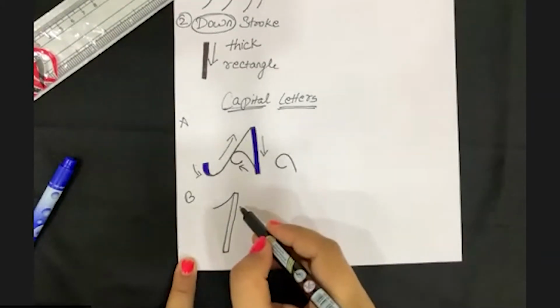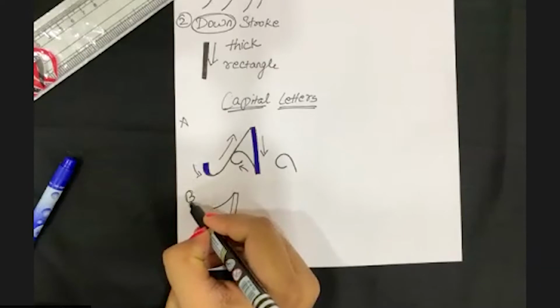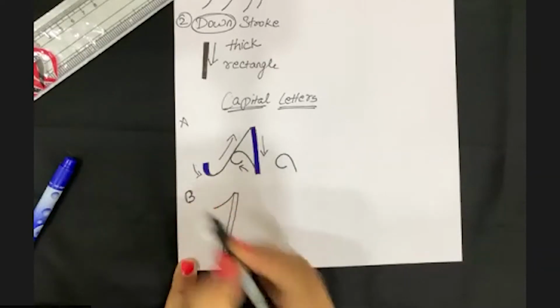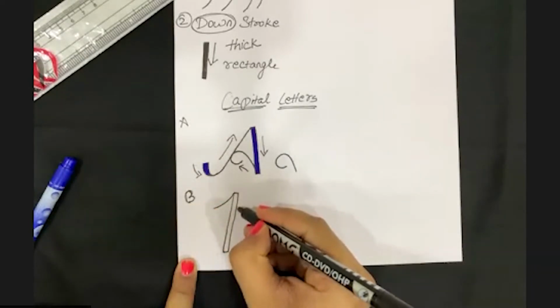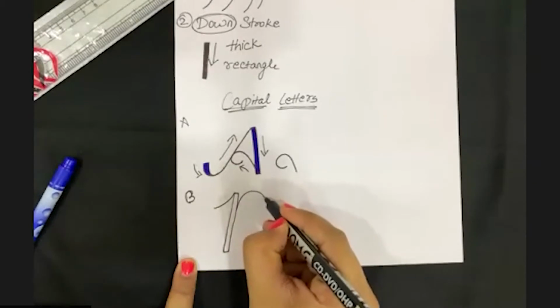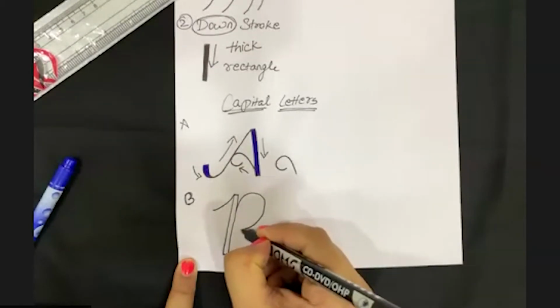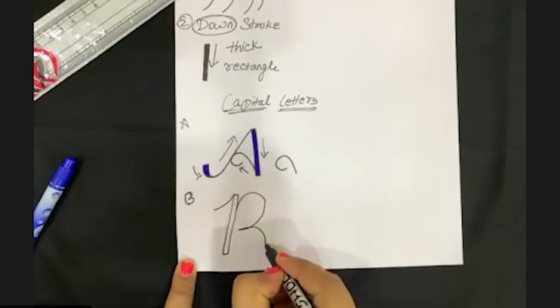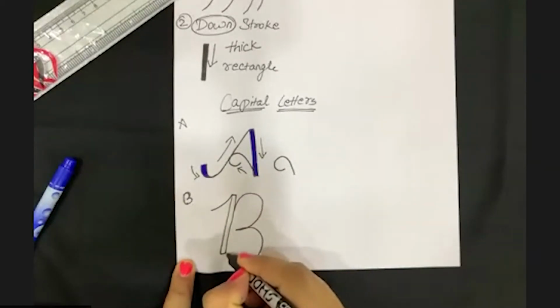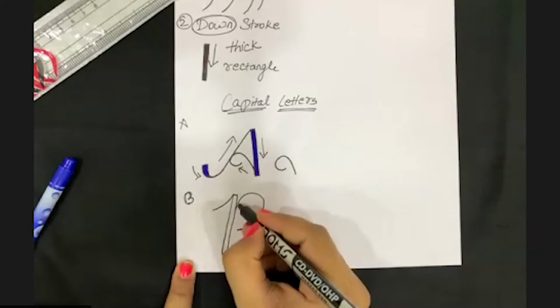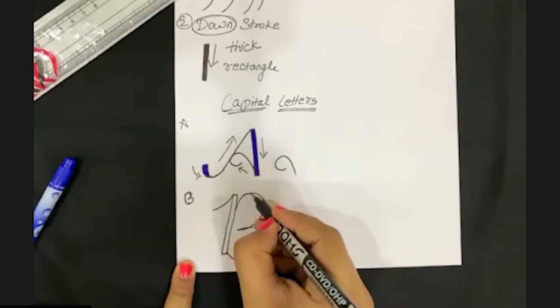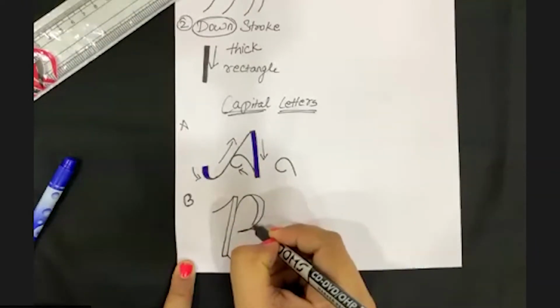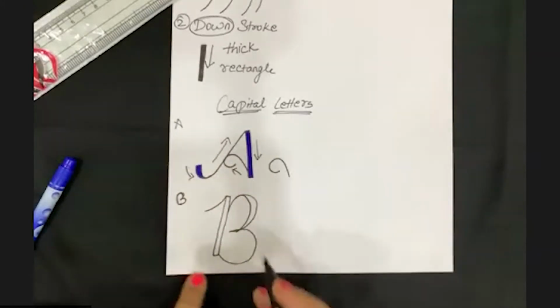Now I have to create two semicircles for the letter B, starting with my thin upstroke, going towards the thick downstroke. Again, one more thick downstroke. This is my upstroke, and when I'm coming downwards, I have to make my stroke thick.